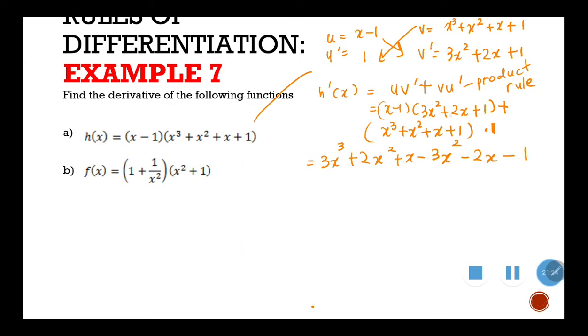Okay, 1 by 1. And then plus this part here, x cubed plus x squared plus x plus 1. The final answer, I want you to try yourself. The final answer should be 4x cubed. Okay, class?